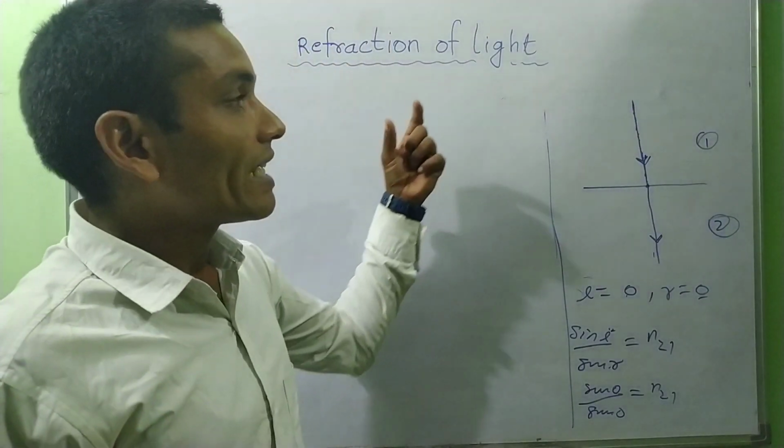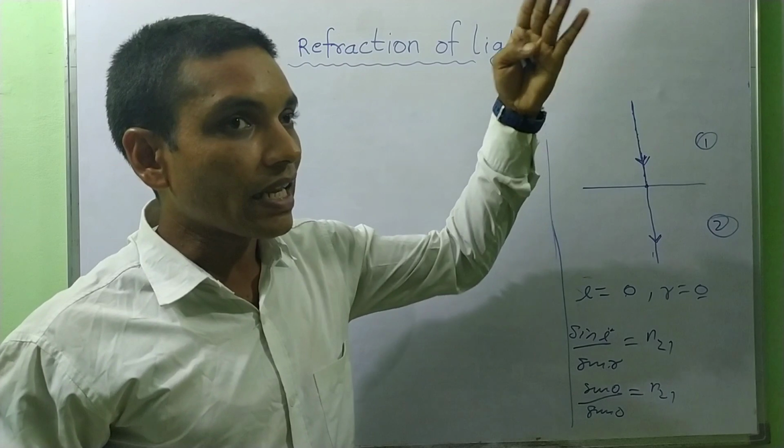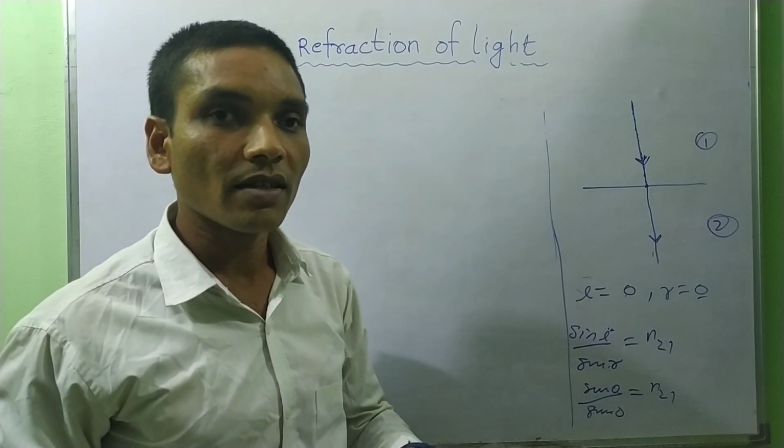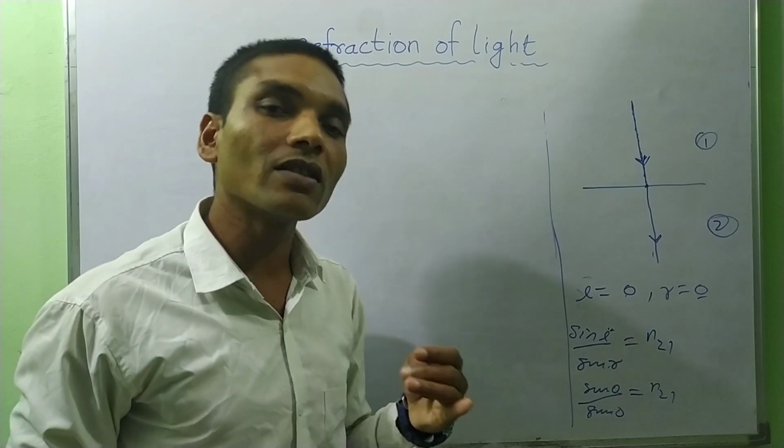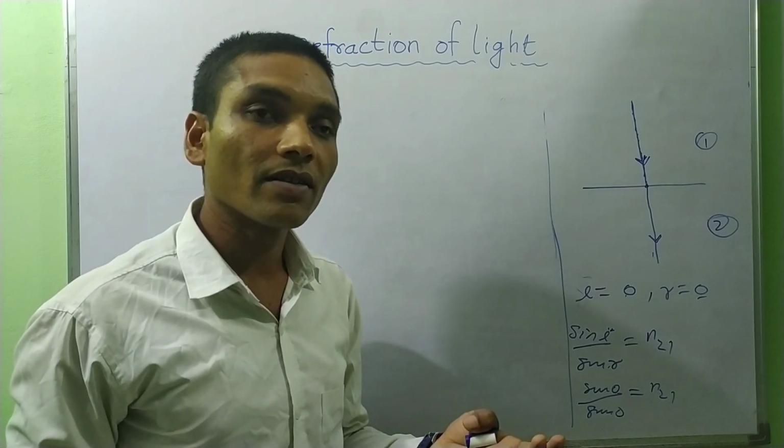Here we know that when a light ray goes from rarer to denser, then the refracted light ray bends towards the normal. Why?